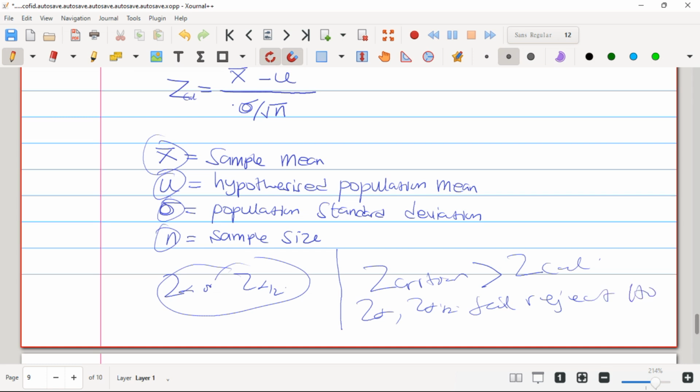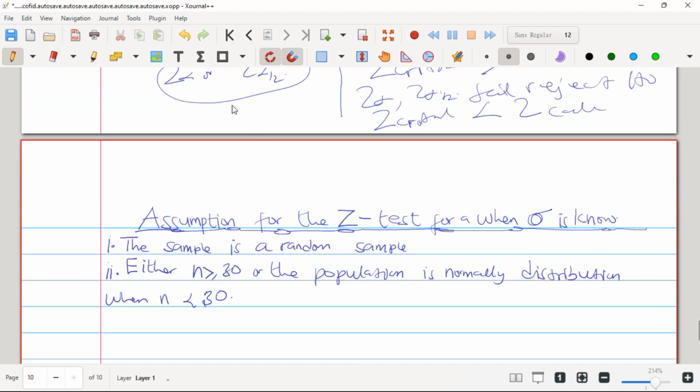But if our Z critical is less than our Z calculated, we are going to reject H0, right? So this is how you are going to make the conclusion. But we have one assumption that I want us to go through.